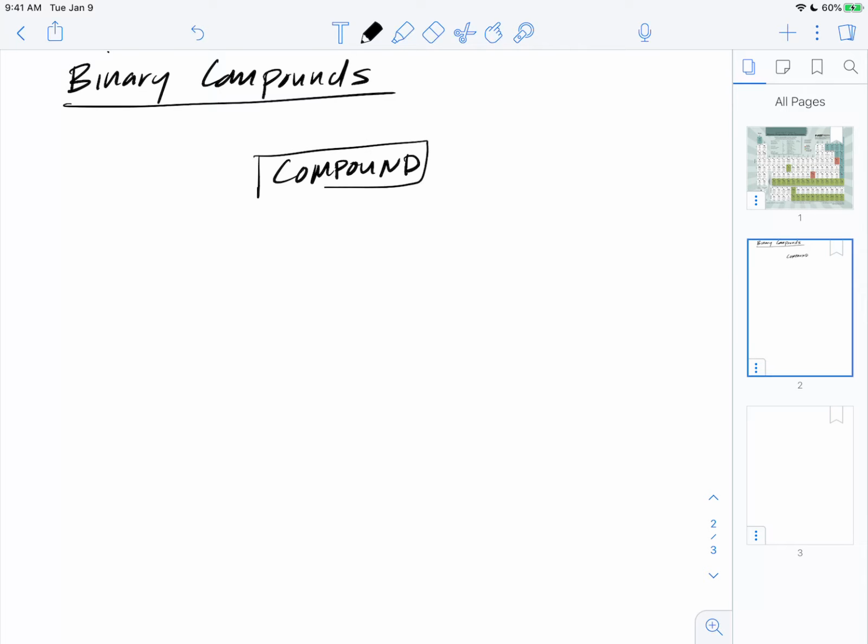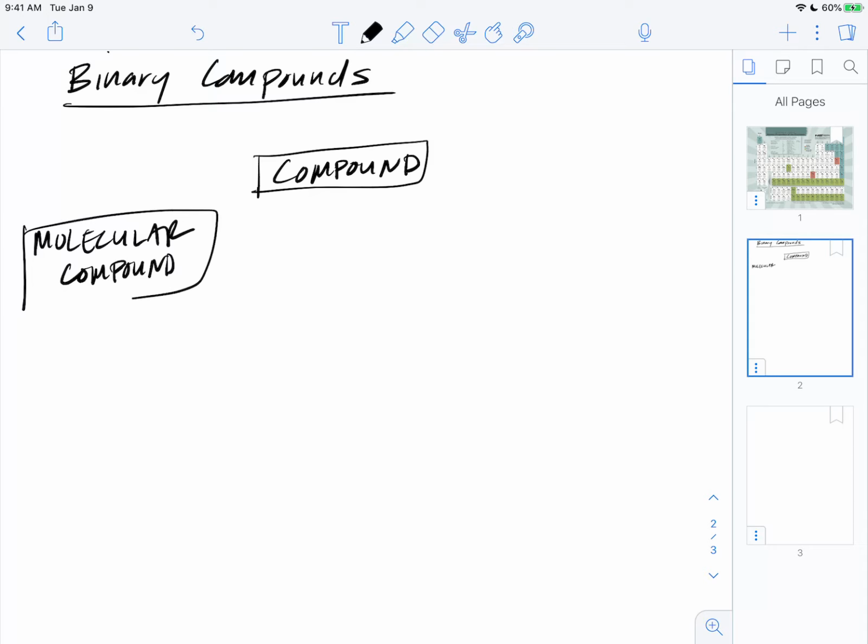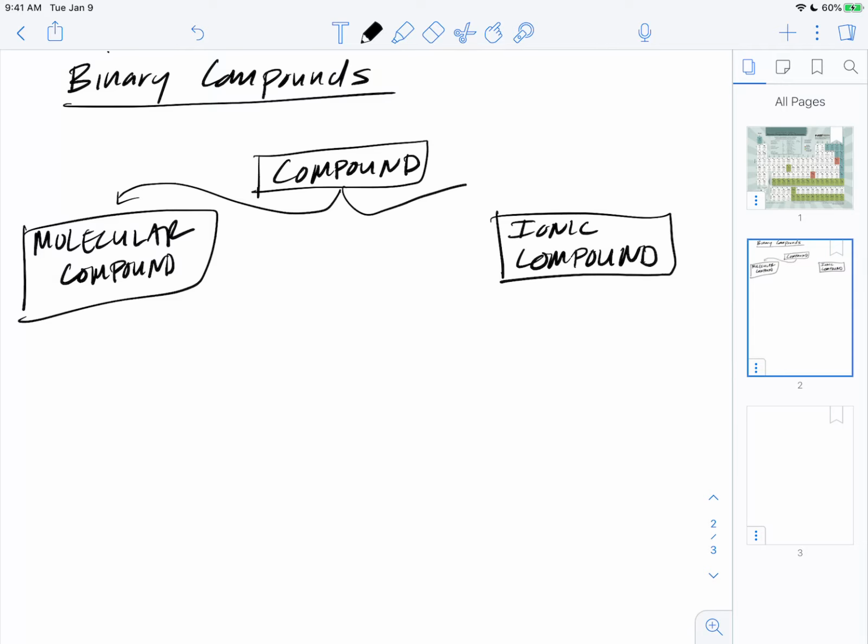So if you have a compound, it can be either a molecular compound or an ionic compound. And the difference is simply where on the periodic table the elements are.